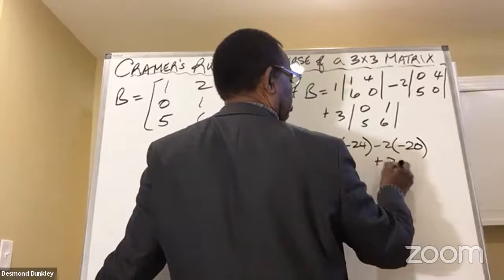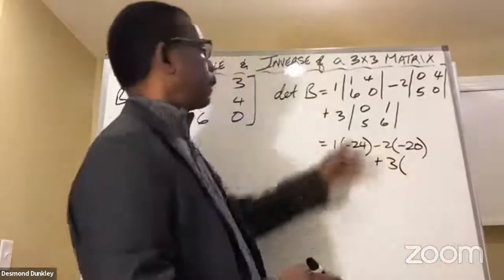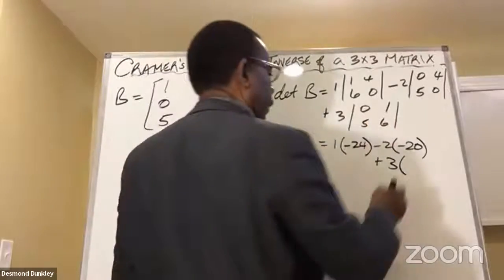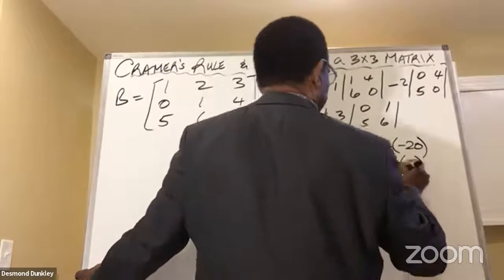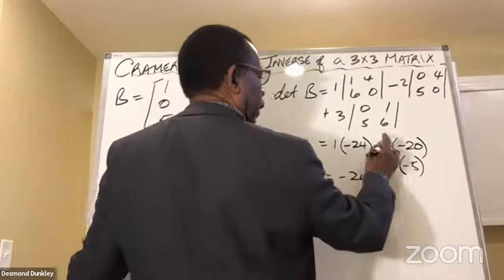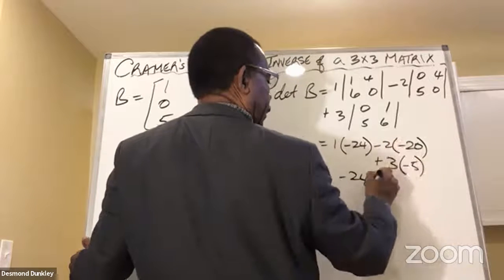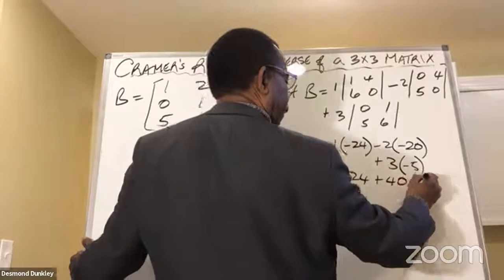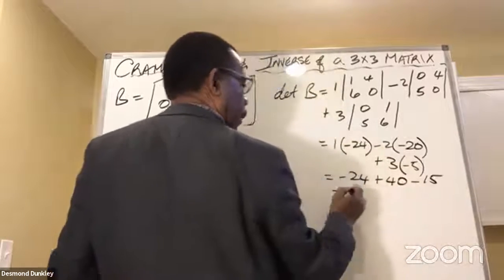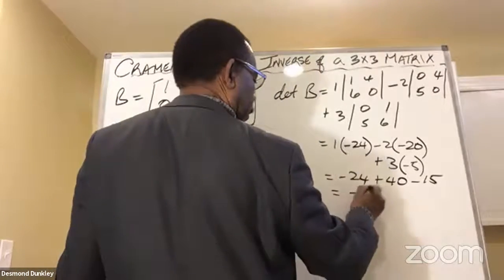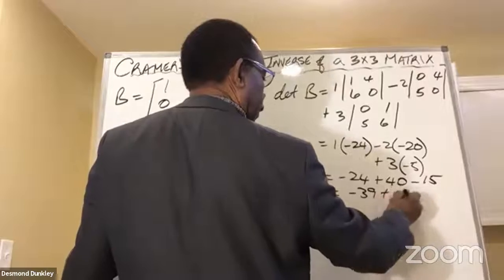Plus 3 times 0 times 6 is 0, minus 1 times 5 is minus 5. What's that equal to? Negative 24. Negative 2 times negative 20 is plus 40. And 3 times negative 5 is negative 15. That looks like it's negative 39 plus 40.